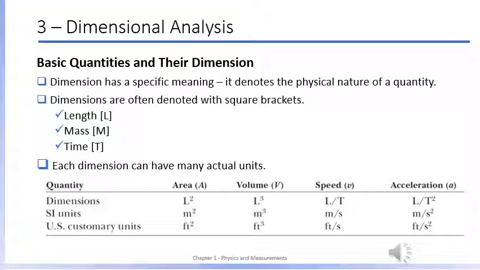In the SI units, the unit of speed is meter per second. In the US units, it is feet per second. For the volume, the dimension of a volume is L cubed. In the SI units it is meter cubed, and in the US units it is feet to power 3. So the dimension of a length is L, but it could have many different units.